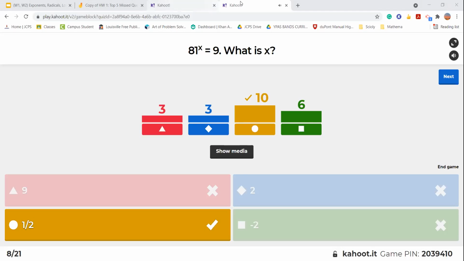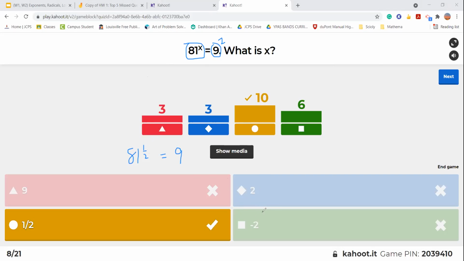Okay, so what's the difference though? I expected that a lot of people would choose green on accident. So basically, right now, I know that 9 squared is 81, right? So if I do 81 to the power of 1/2, that's just the square root of 81, which is 9.